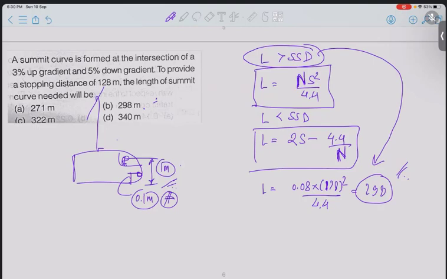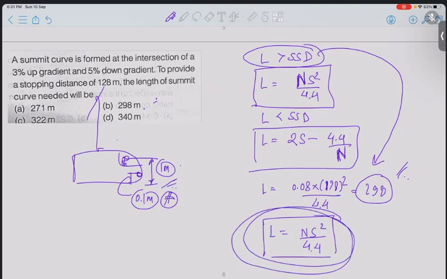Then what do you think will change in this formula? Length of curve will change. Yeah, but what will change in this formula for the length of the curve?